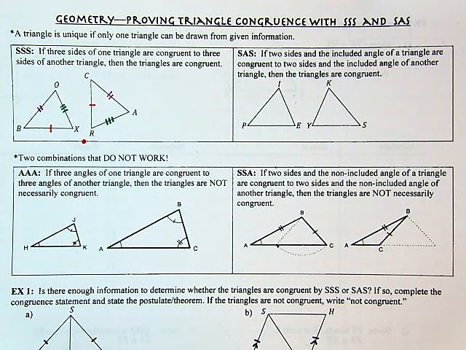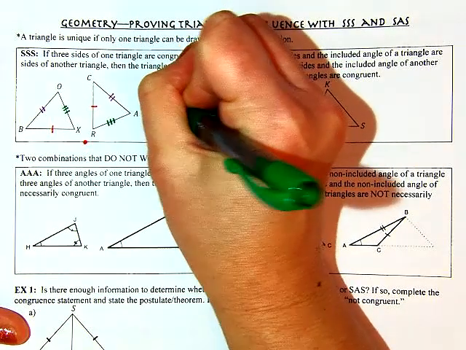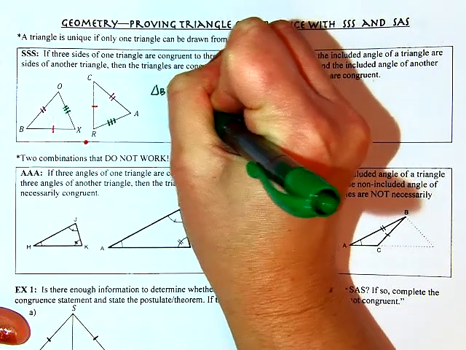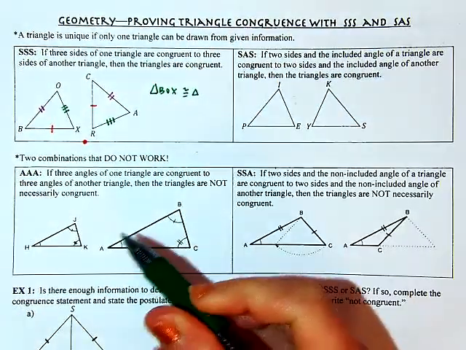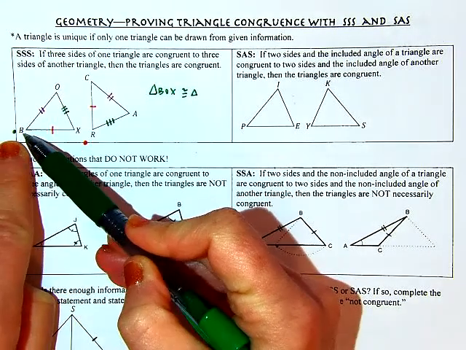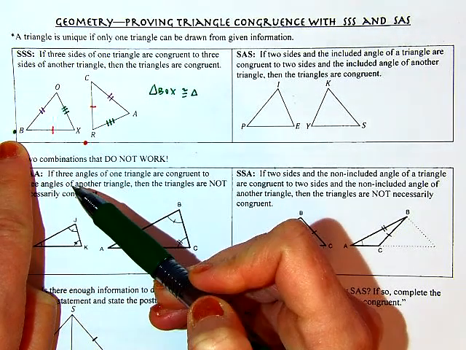And when I write a congruent statement, order matters. So let's say that I name that first triangle, triangle BOX. So I'm starting at B. I'm going to put a little dot here at B. So B is right in between what I have as my double and single tick mark sides.